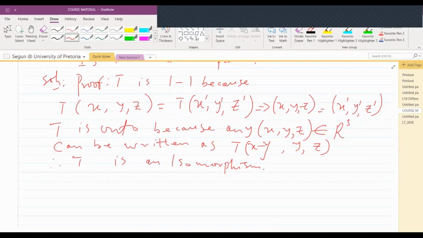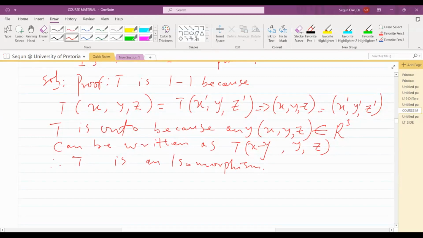We said that for us to have an isomorphism, our T, you must be able to establish that it is 1 to 1, you must be onto, and linear transformation. Anyone that can obey the two laws is automatically what? It will give us the isomorphism.